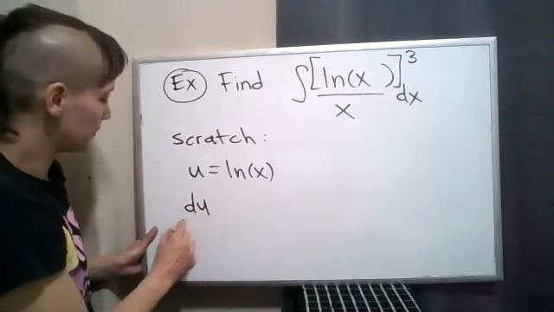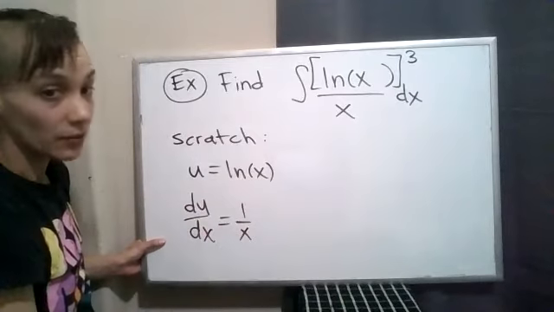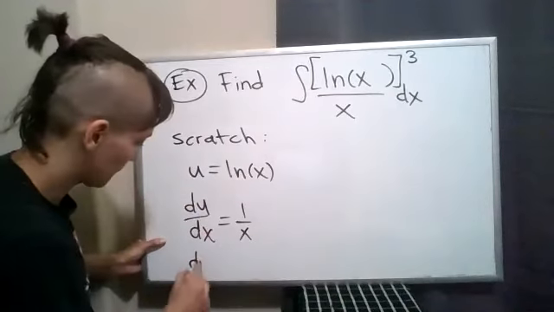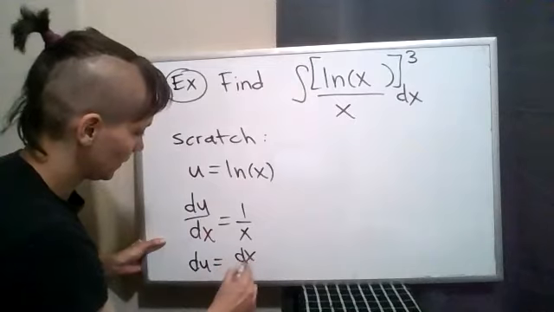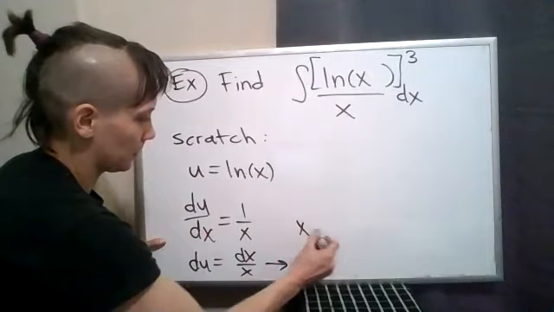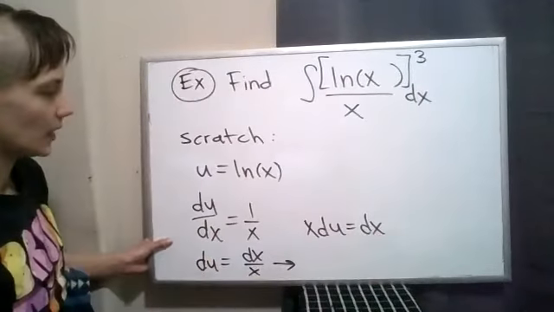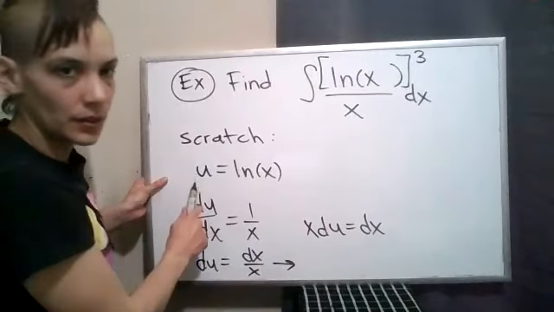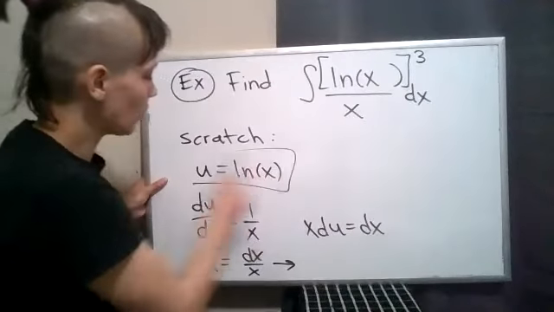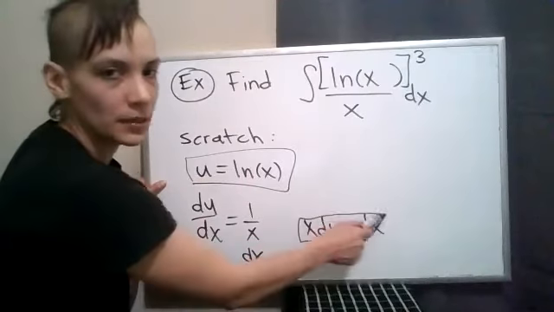Get the derivative and solve for dx. And you substitute your value for u. You also substitute in your dx, which is x times du.